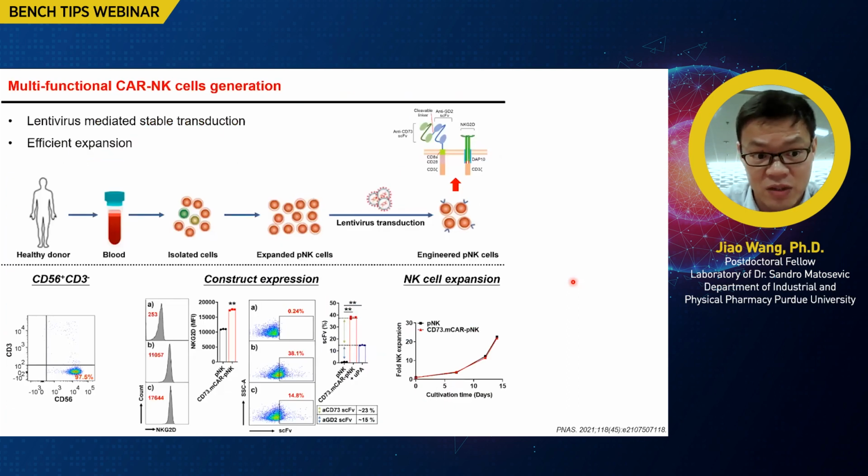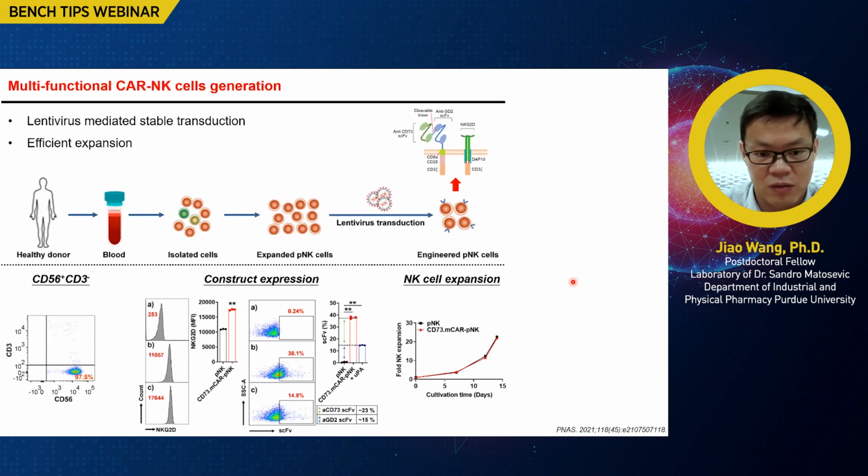So how do we generate these multifunctional CAR NK cells? We get whole blood from a healthy donor, and then we isolate NK cells from this PBMC through a negative selection kit. Then we expand the NK cells for around one week. Finally, we use lentiviral transduction methods to do the transduction. From the bottom panel, you can see the isolated and expanded NK cells are highly pure, which we usually phenotype as CD56 positive and CD3 negative.